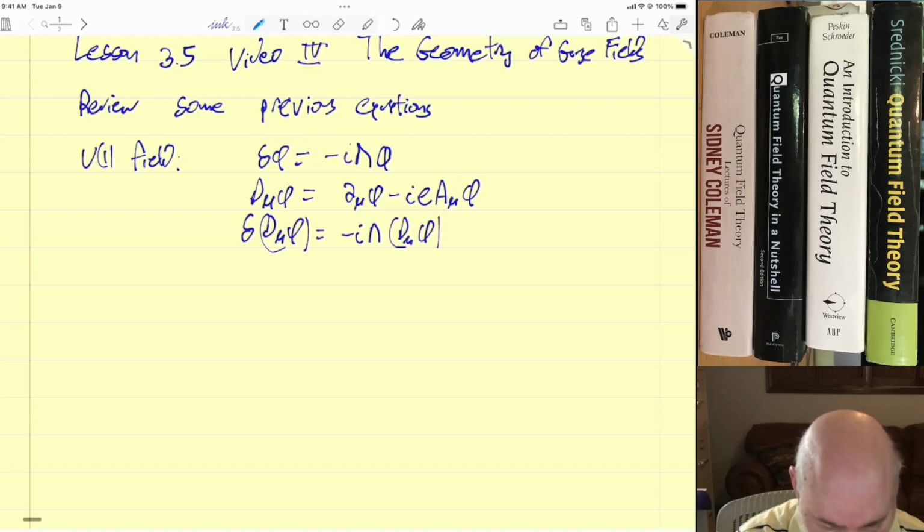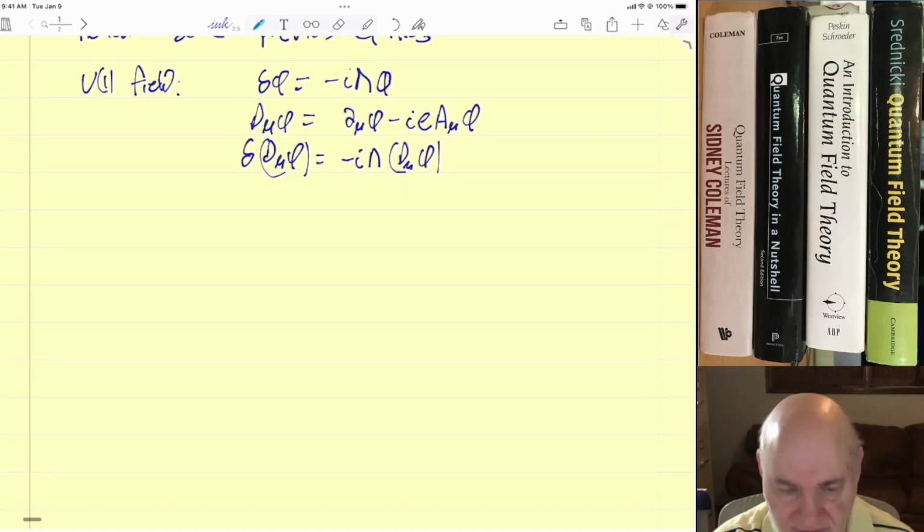This shows that D mu phi transforms covariantly.